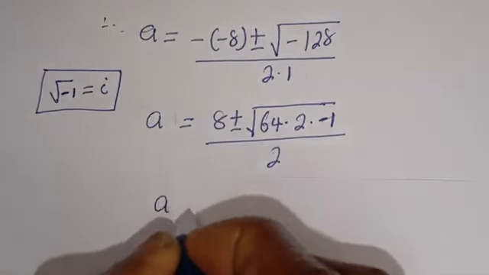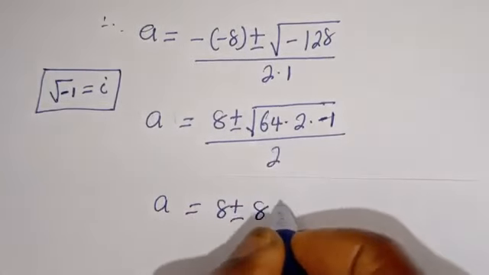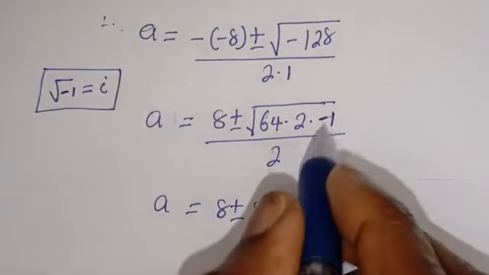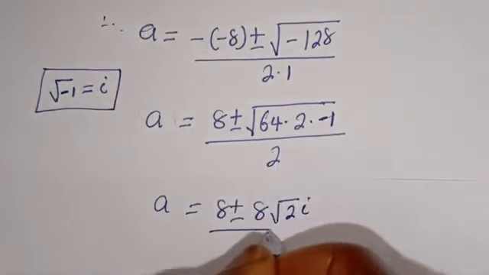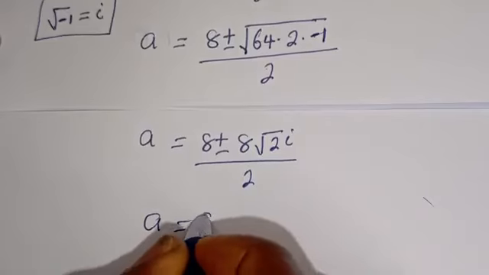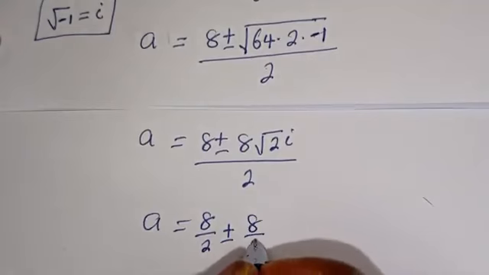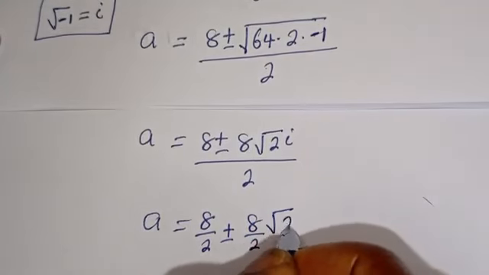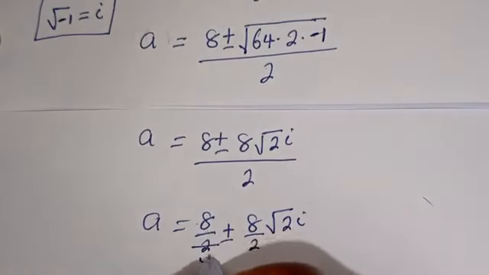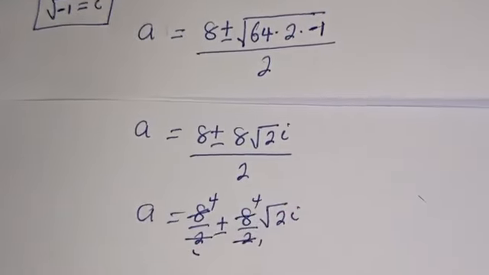Then A is equal to 8 plus or minus square root of 64, that is 8, then square root of 2, and the square root of minus 1 is I, divided by 2. A is equal to 8 divided by 2 plus or minus 8 divided by 2 square root of 2I. These two we cancel, 2 here 1, 2 here 4.